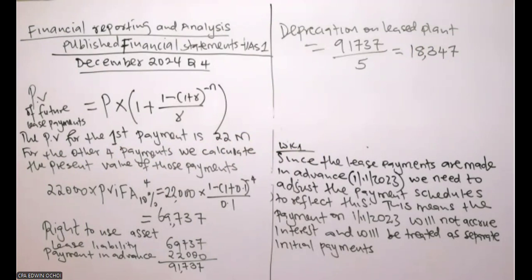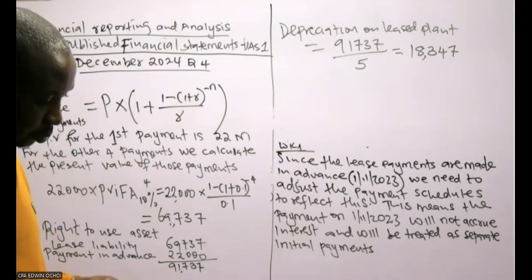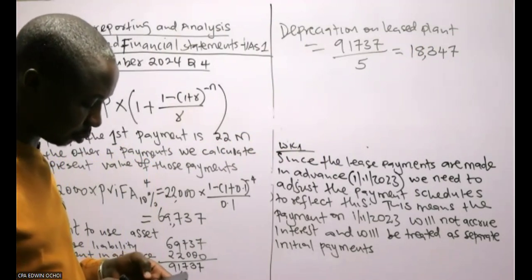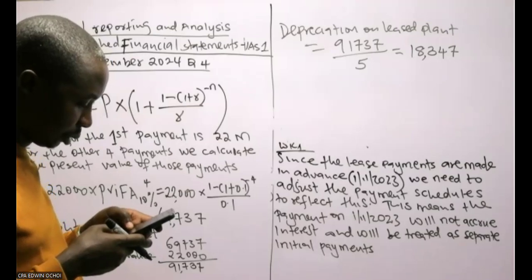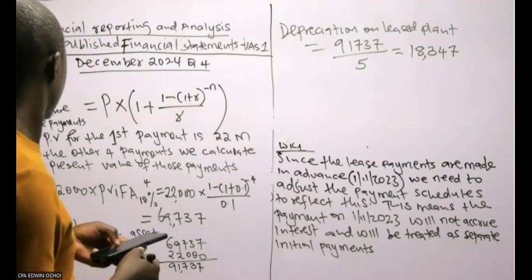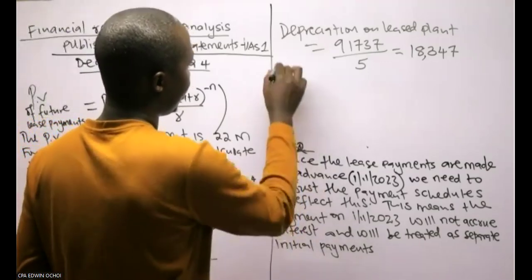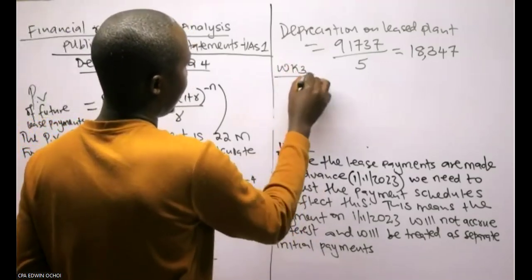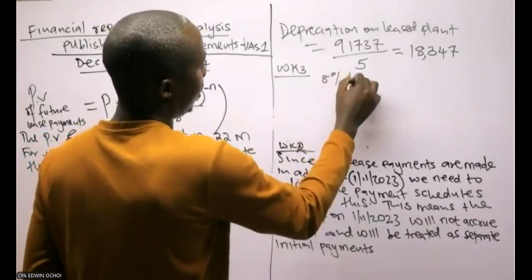All right, what about the other additional information? Additional information number 4, the 8%. Remember that the previous one was working 2, not 1. So we go to working 3. The 8% loan note.